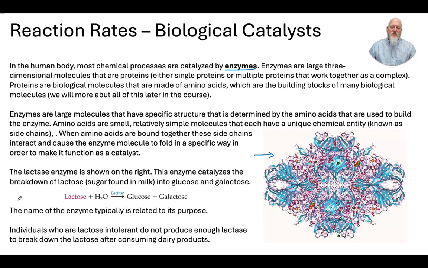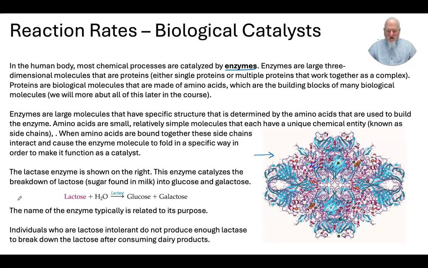So amino acids are pretty simple molecules, and they all have a unique side chain, but amino acids are pretty small. But when I bind them together, and depending on what the side chain is, those side chains will interact and be attracted to each other or repel each other, and that's what causes the large molecule to kind of fold and bend into shape.